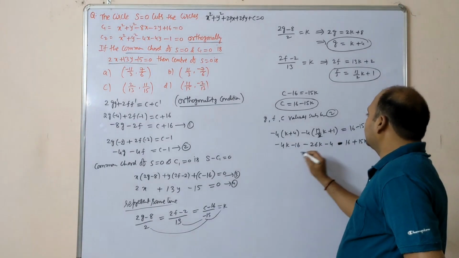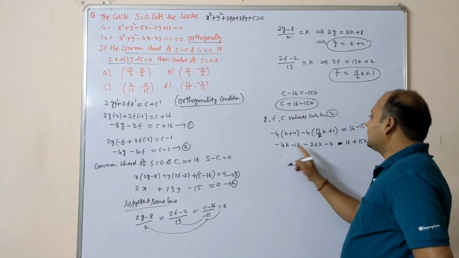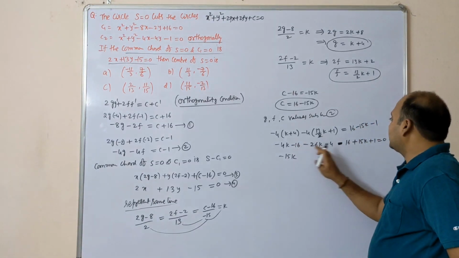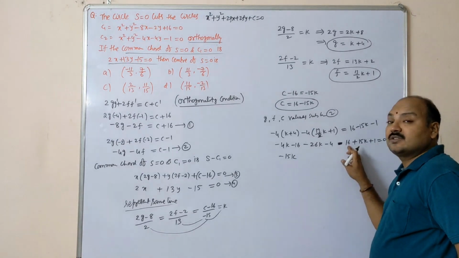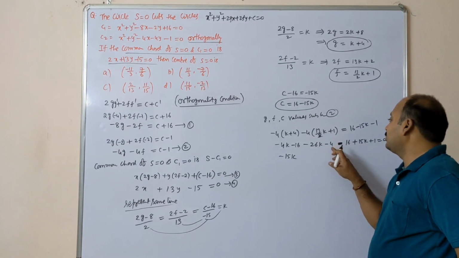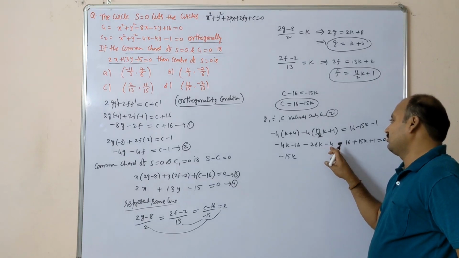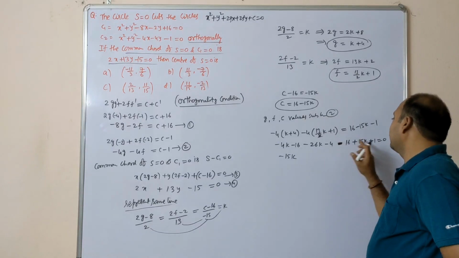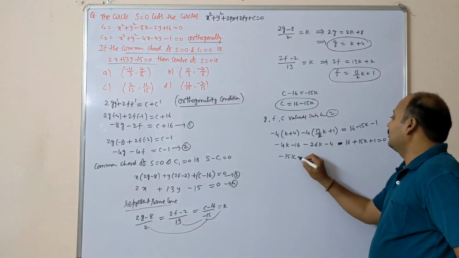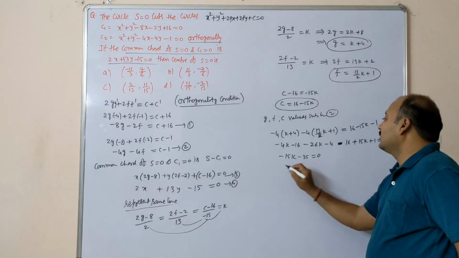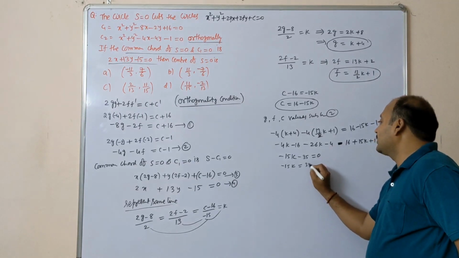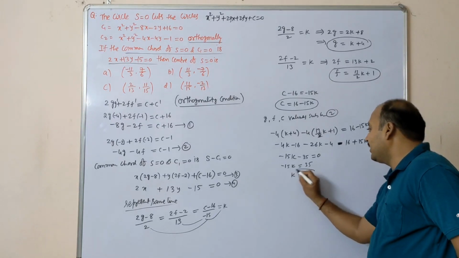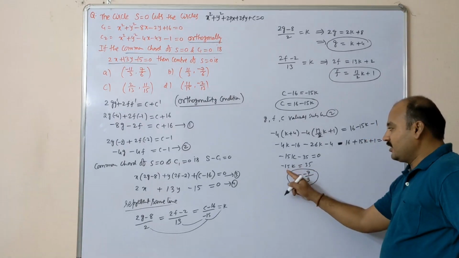Minus 4k minus 26k minus 15k, so minus 45k... minus 16 minus 4 minus 36 plus 1, minus 35. So minus 15k is equal to 35. K is equal to minus 7 by 3 (5 sevens are 35, 5 threes are 15).